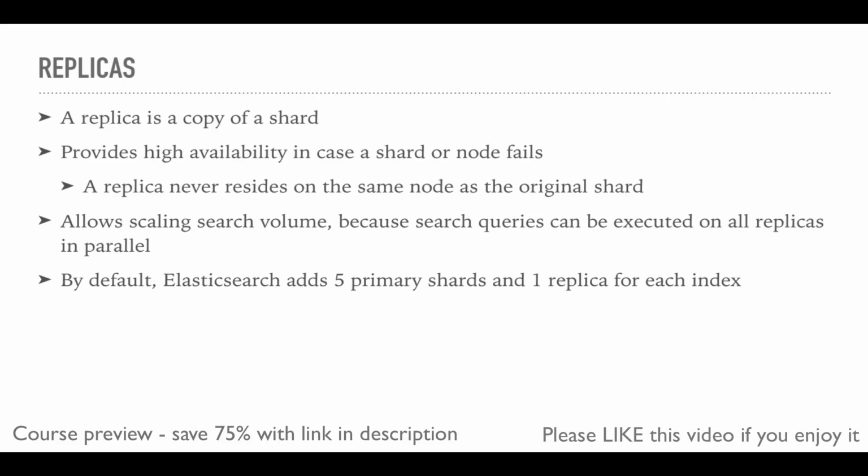Replicas also allow for scaling search volume, because replicas can handle search queries. By default, Elasticsearch adds 5 primary shards and 1 replica for each index, meaning that unless configured otherwise, there will be 1 replica for each primary shard, which is 5 in total.